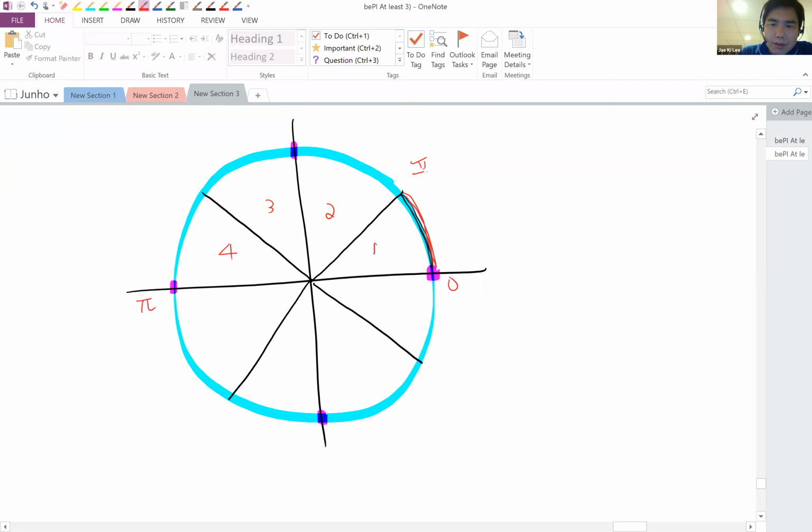Then the whole thing becomes 2 pi over 4, which you can simplify to pi over 2. Then 3 pi over 4, 4 pi over 4, 5 pi over 4, 6 pi over 4, and 7 pi over 4. And we know that the ordered pair values are all √2/2.